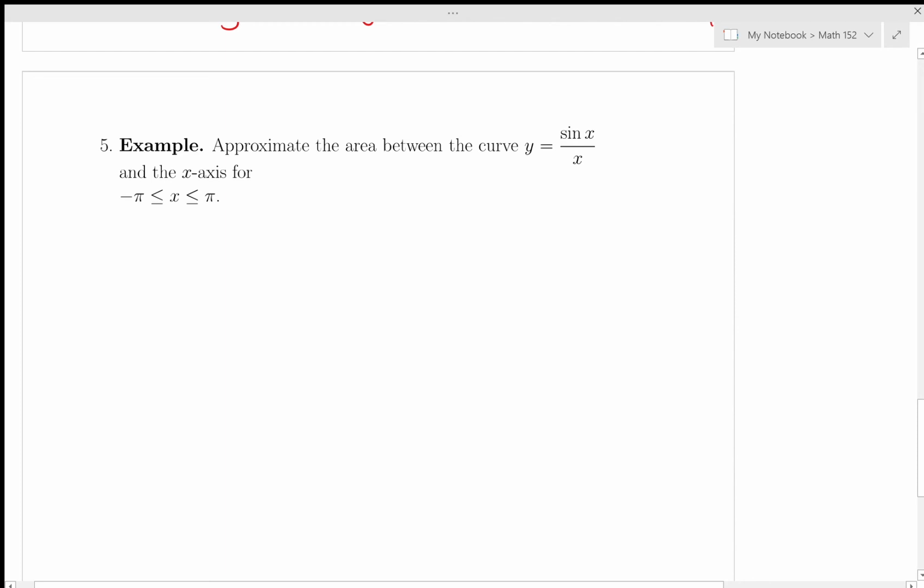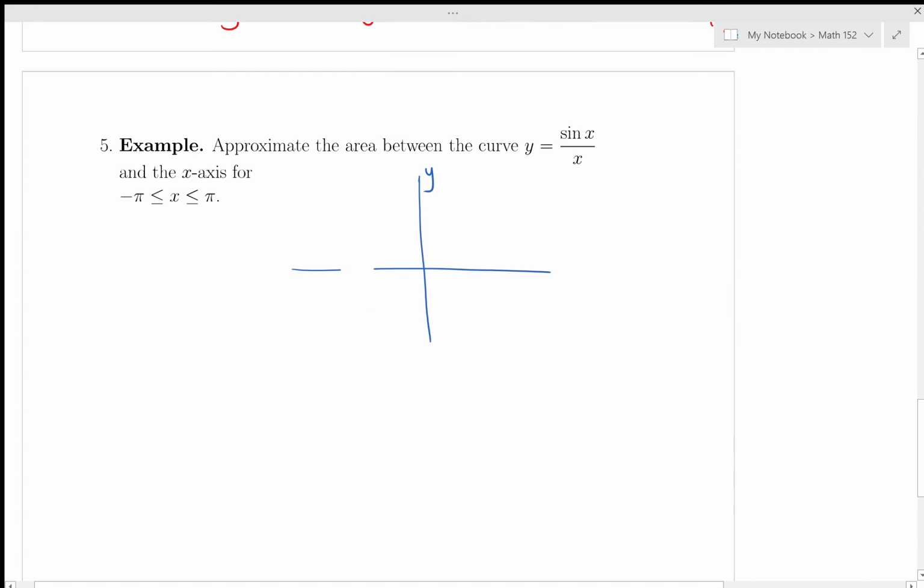So here's one where it would be very difficult to do anything without making some sort of approximating function. We want to approximate the area between this curve and the x-axis for x between minus pi and pi. What this question is asking us is to take the function y here, which is sine x over x, and that function looks like this.